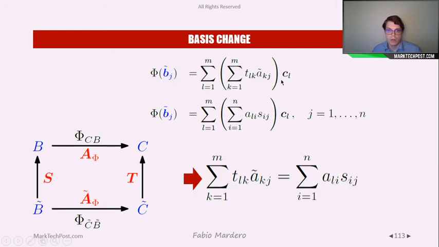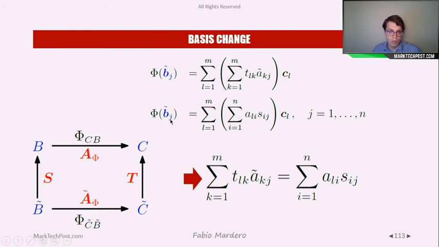Find these two expressions. Here we have followed the below path. From B tilde we mapped to C tilde and then go to C. Here we have done S and then A of phi.